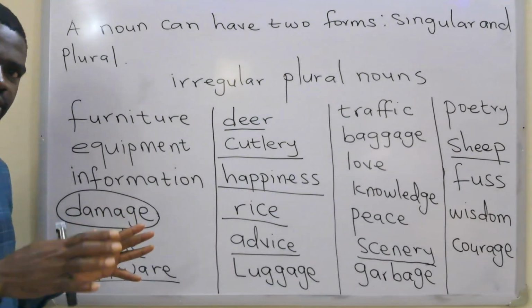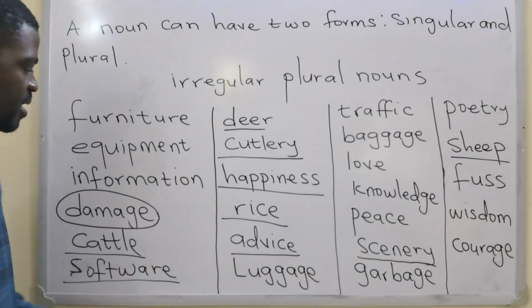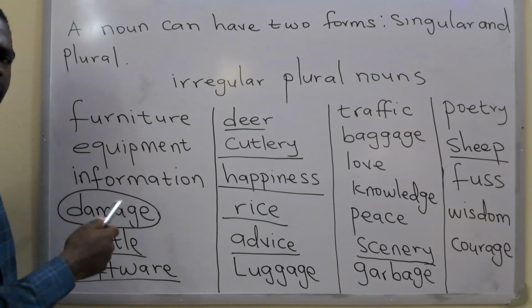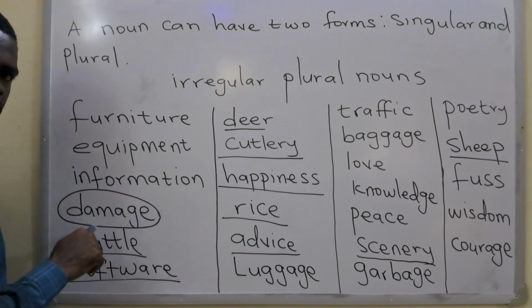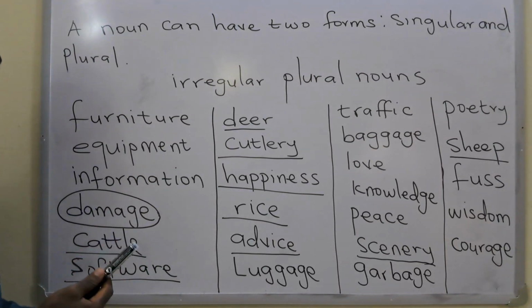That is an adjective to qualify the state of that thing that has been affected. But damage itself cannot have plural. It is a noun. When you use it in this sense, it is a noun. Damage.